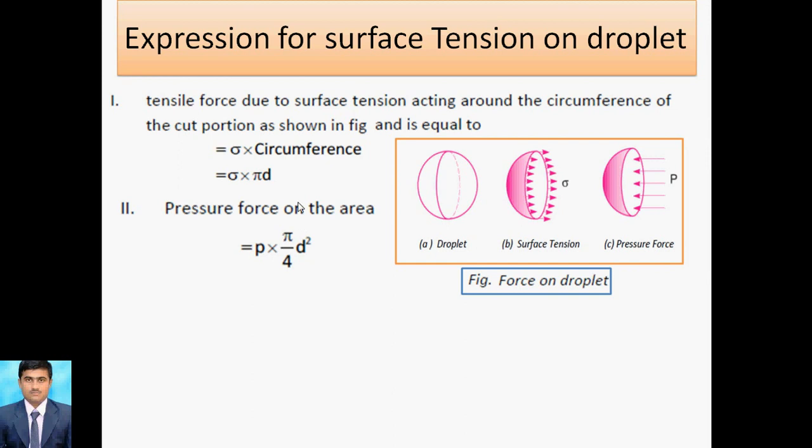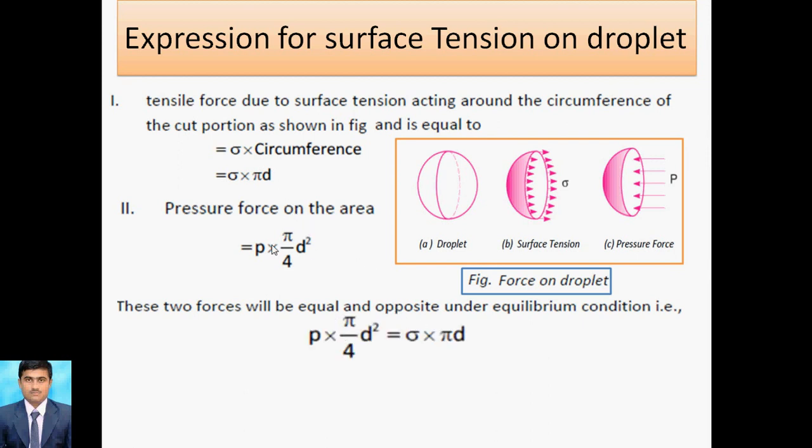Now these two forces we have to consider in equilibrium conditions. So I can take them as equal, because they are opposite and equal. So P into pi by 4 d square is on the left hand side, and on the right hand side sigma into pi d. After solving, P is equal to sigma pi d, and pi by 4 d square goes to the denominator.